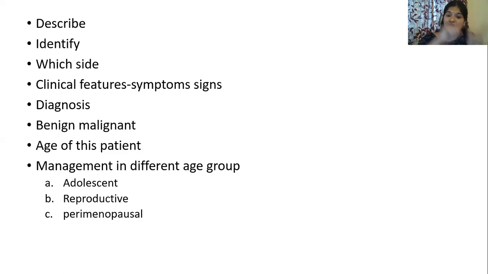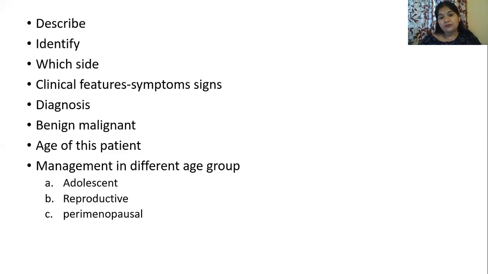Now, in one of these processes, if there is any abnormality, there is going to be cyst formation. There can be one cyst where the ovum does not get released. The follicle develops, but the ovum does not get released. Then it is a follicular cyst. If the ovum is released, but the corpus luteum does not shrink back, then it is a corpus luteal cyst, right? So these are called functional cysts.